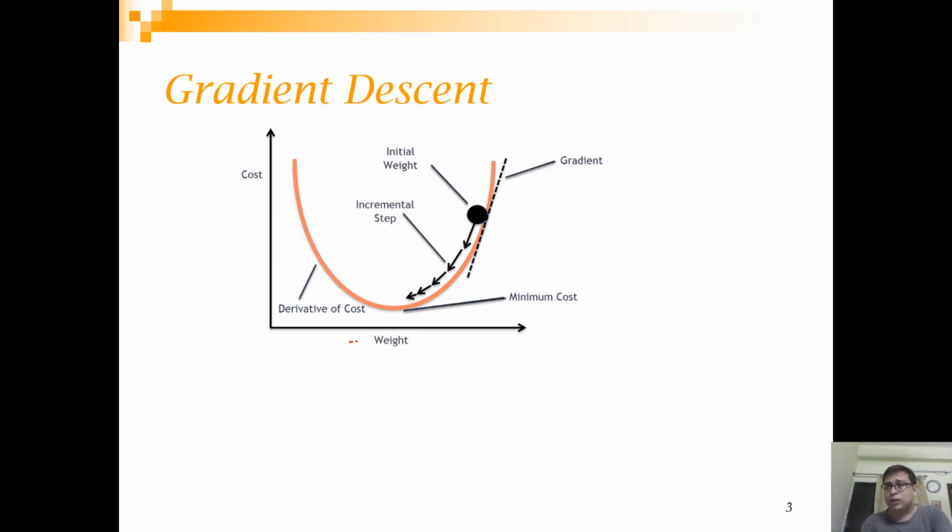So here are the parameters. Let's assume right now you have only one parameter. This is your weight, and here is your cost function. How this works is it follows a simple equation like this. What is w new? w new is the new parameter value. You learn this optimal value by iterations.